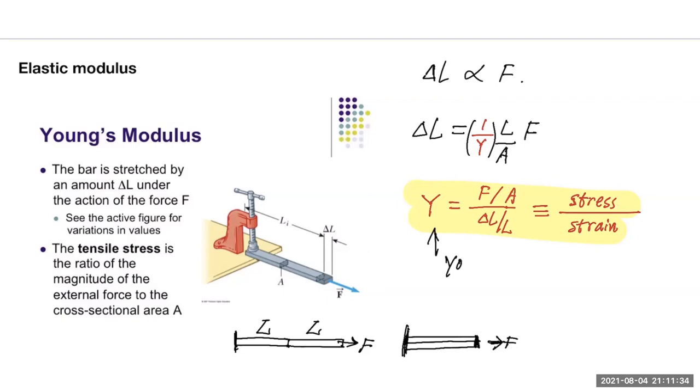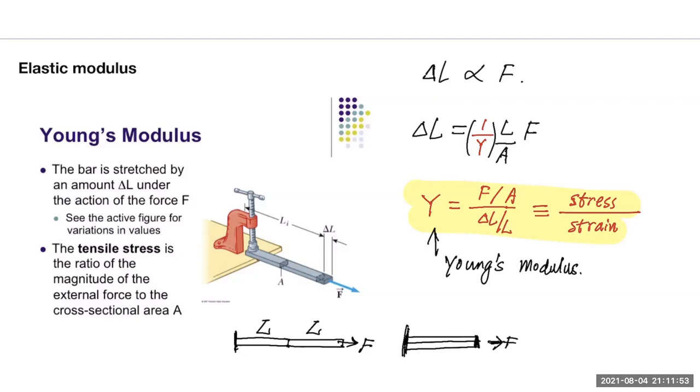Again, what does a large value of Young's modulus tell you? It tells you that everything else being the same, you don't cause a lot of deformation, which means the material is strong under the same force because it doesn't stretch as much.